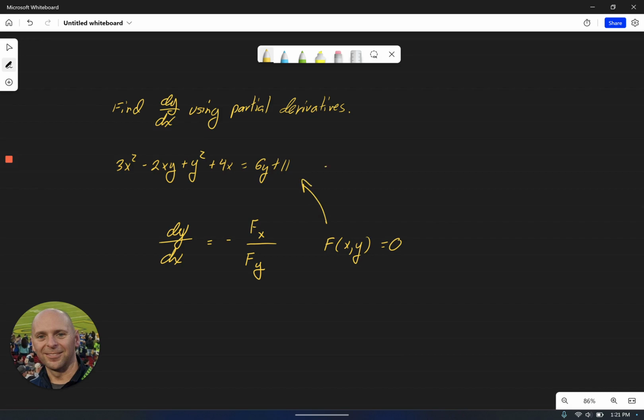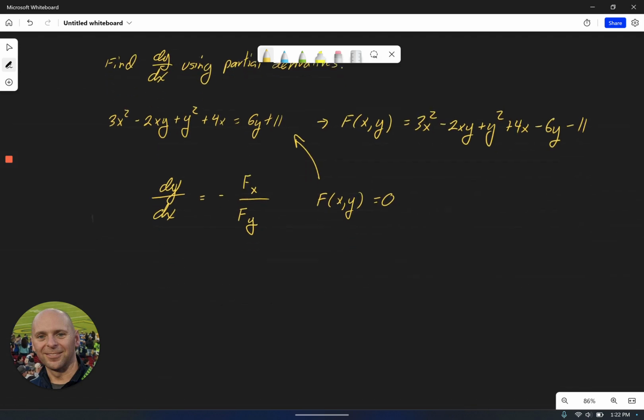So I'll set it equal to 0 and make that 3x² − 2xy + y² + 4x − 6y − 11. Again, that's just setting this equation equal to 0 and calling that result our F(x, y).